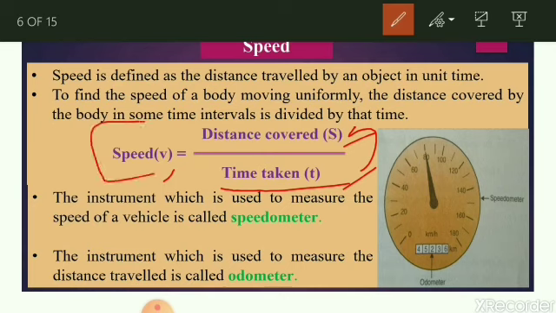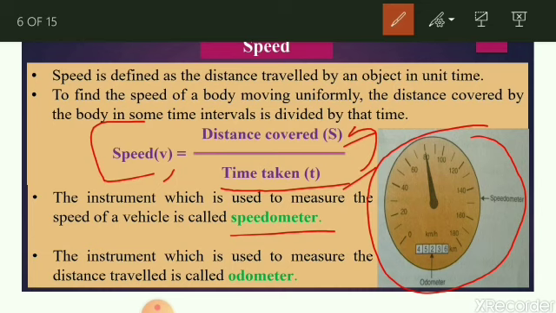Now, the instrument which is used to measure the speed of a vehicle is called a speedometer. You can see this meter in your bike, scooty or any vehicle. The instrument which is used to measure the distance traveled by an object or vehicle is called an odometer.